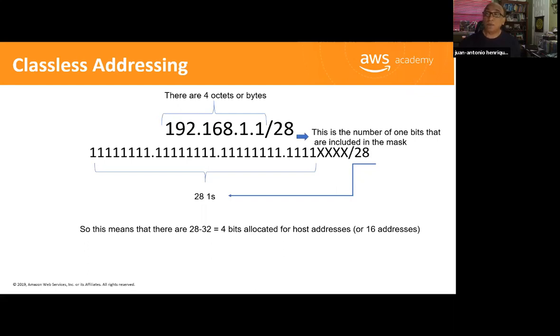The mask is what's going to help me find the actual addresses, okay? So in the next 4 bits, there are don't cares, if you will. Those are available to be used. So there are 28 ones, and out of the 32 total bits, 4 bits are allocated for host addresses. So those 4 X's indicate that there are 2 to the 4, or 16, addresses available for the hosts.